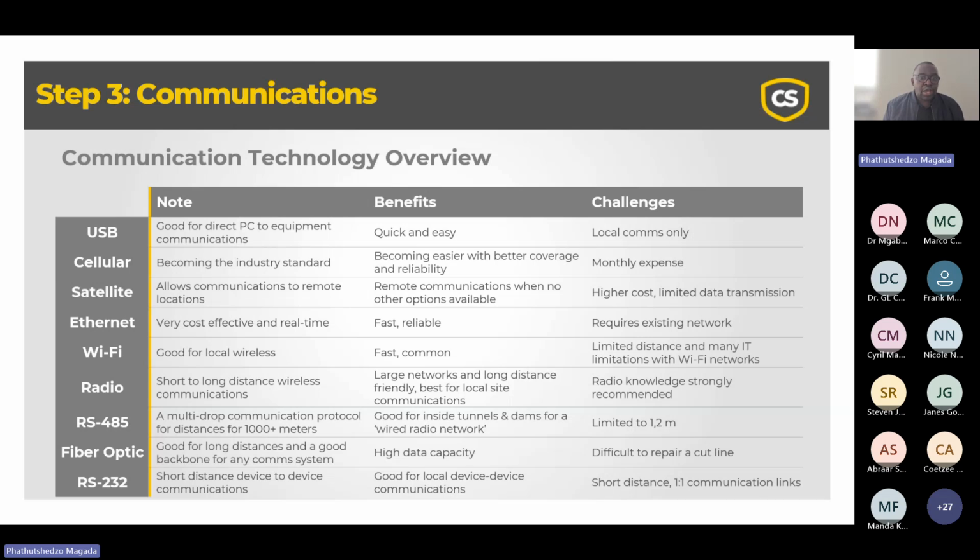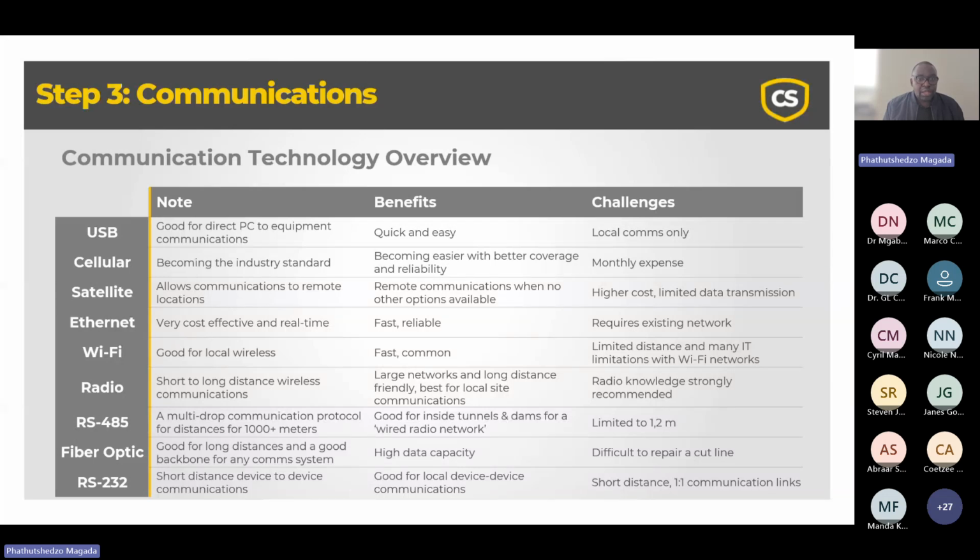This is where you plug your computer directly into the equipment and read and collect the data. That will require you to go to the field, and sometimes the conditions are not favorable. It might be raining, and then you might end up skipping important data.